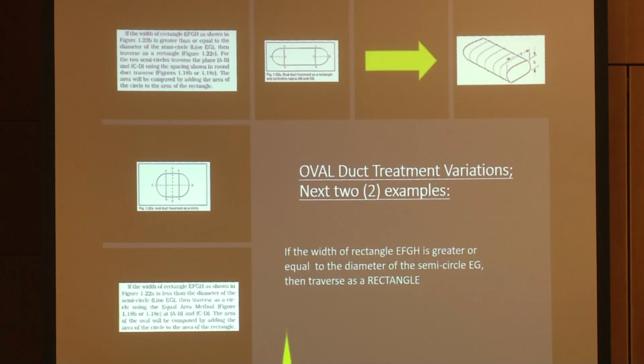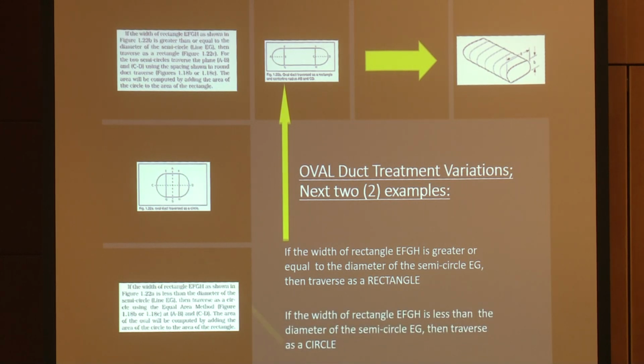Now, oval ducts are more complicated because an oval duct is kind of a square duct, and then it's kind of a circle duct, right? But what we try to do to simplify things is we look at two different examples. If it's a really wide oval where the width is greater than or equal to the diameter of the semicircle, then we traverse everything like it's a rectangle, right?